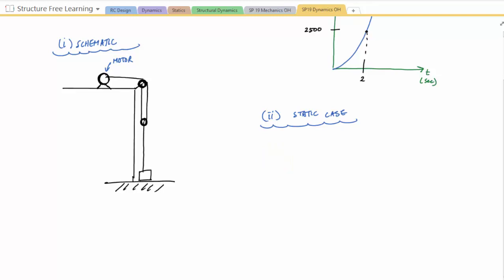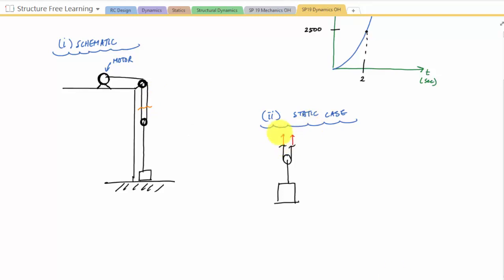Again, we're assuming that all the pulleys are massless. So essentially I have this free body diagram, and because a pulley's massless, I can make this cut there. I'm cutting here and here like this, and there would be a force.